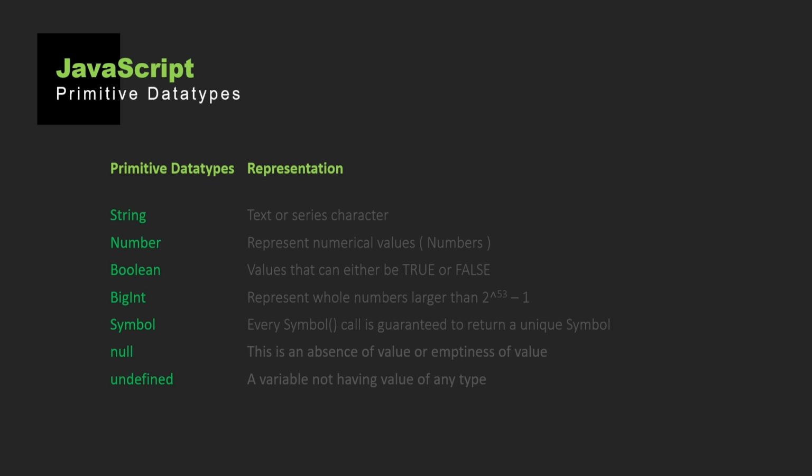So it's kind of like a unique character or unique item created by enclosing something inside of this. All right. And then there is null, which represents the emptiness of a value. When there isn't anything inside of a value, it's considered to be null. And undefined is anything that is not defined, like when you've created a variable but you don't assign it any kind of value, that is considered to be an undefined variable.